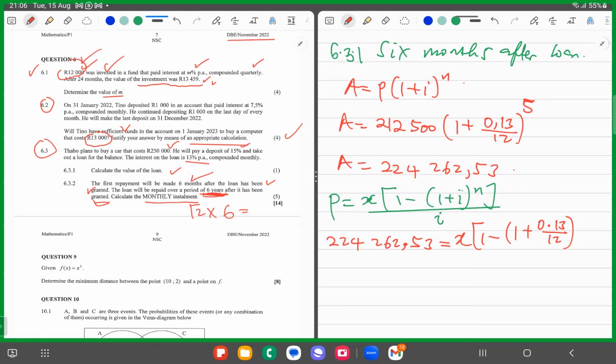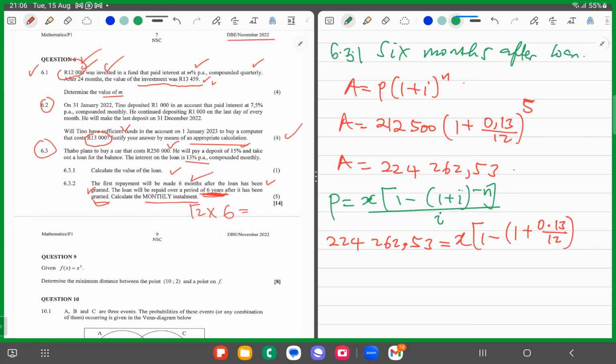Right, so 12 by 6 after it has been granted. So 12 by 6 is actually 72. Right, so okay, obviously this one is to the power negative n, minus n. So it's 72.